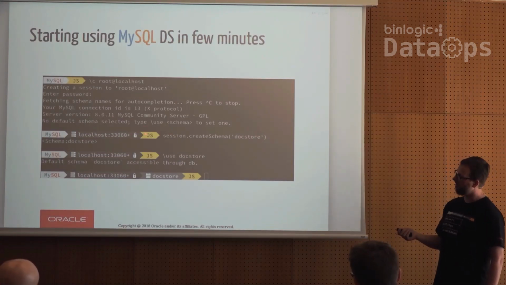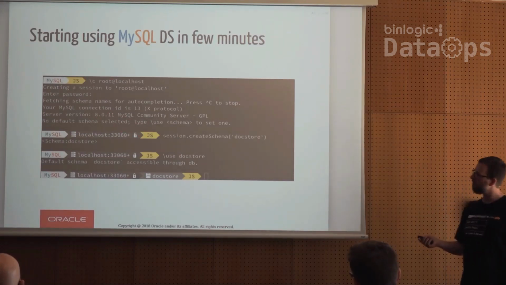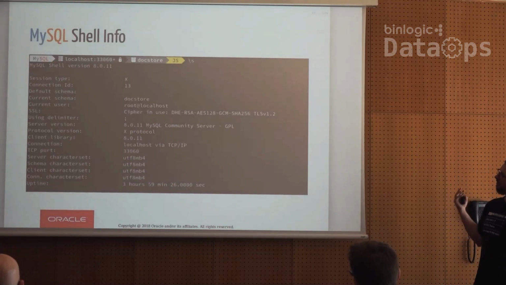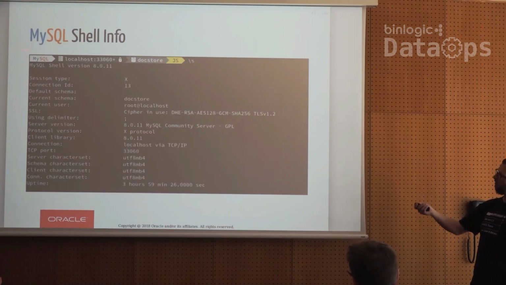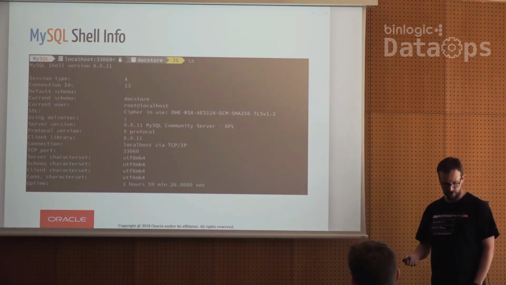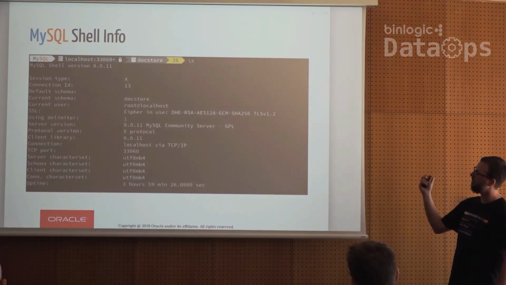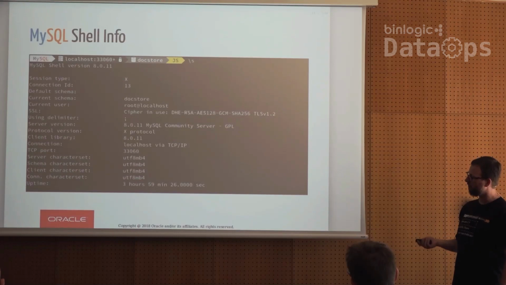You can see here that I'm using a JavaScript session, I am using SSL on 33060, right? So you have information in the shell. So this is the new shell. Of course, it's a very long and colored prompt here. It's just to show you. You can change that very easily. You can make it shorter, less color, or whatever you want.